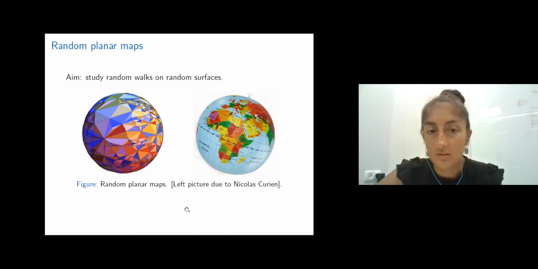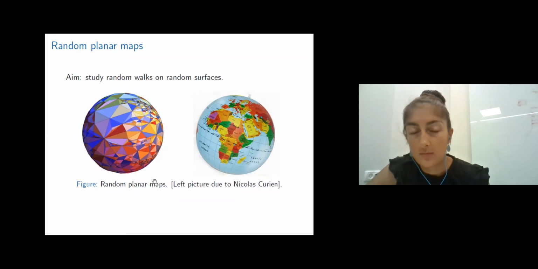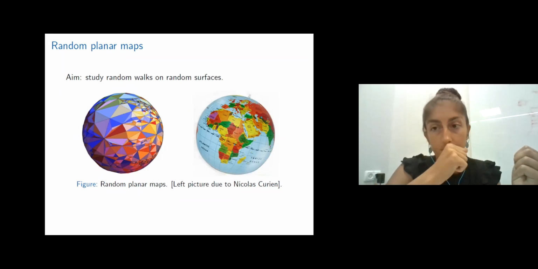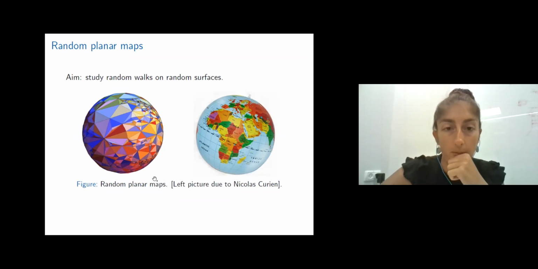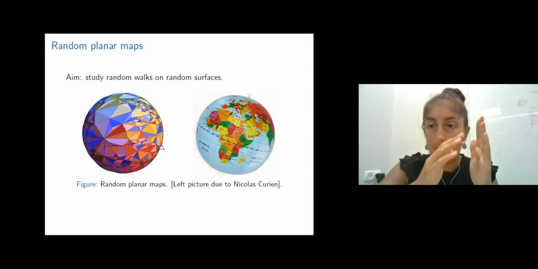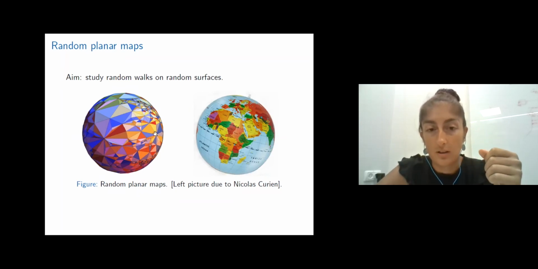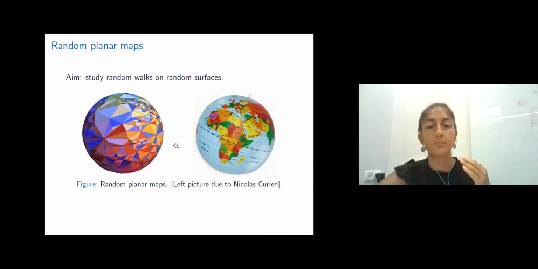But a random planar map is just a planar graph drawn on the surface of the sphere in such a way that no two edges cross. And they're considered up to any continuous homeomorphism and just viewed as a metric space, and we just endow them with the graph distance. So every edge has length 1 in this picture.